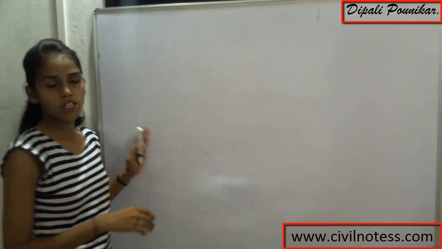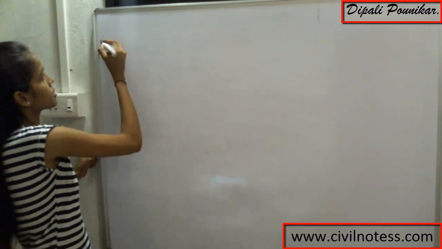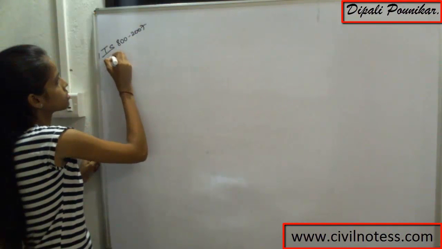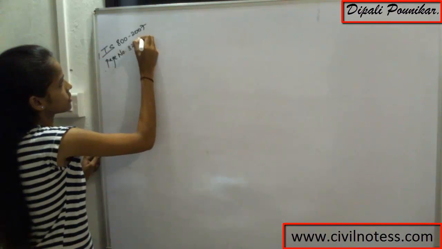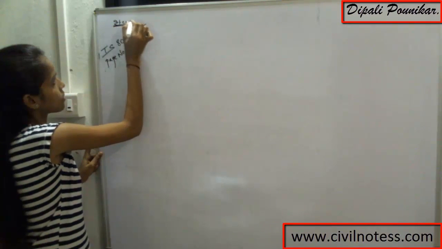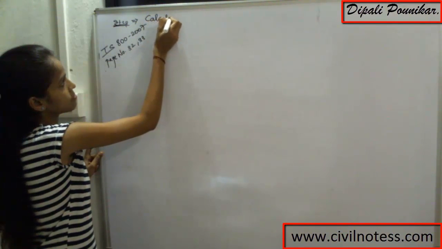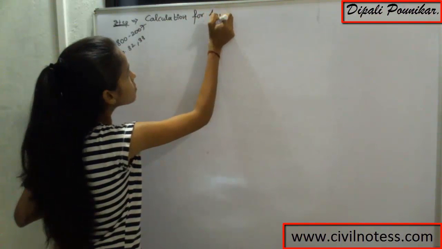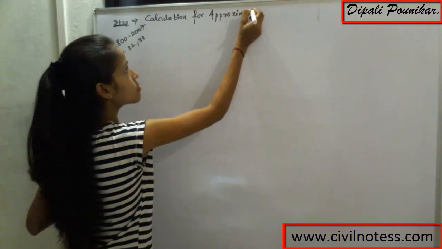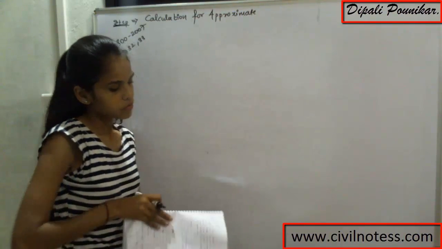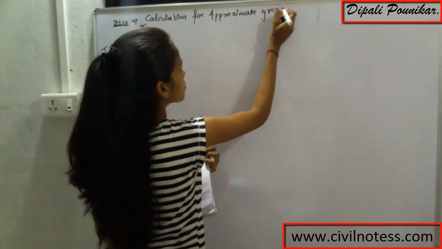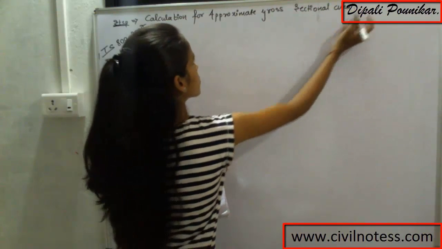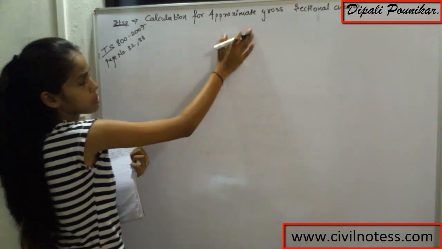For the calculation of the tension member, the first step, which is given on page numbers 32 and 33 of IS 800/2007, step number 1, is the calculation of the approximate cross-section area.